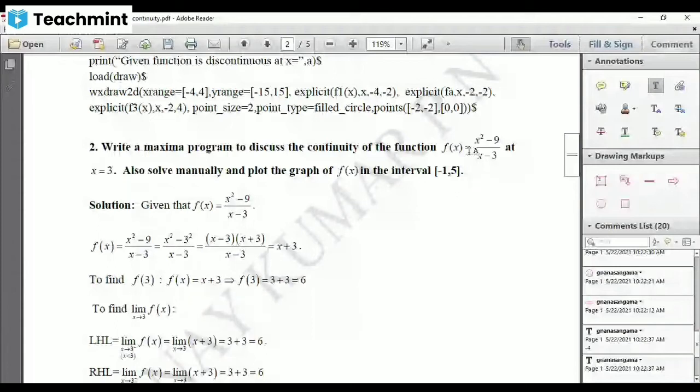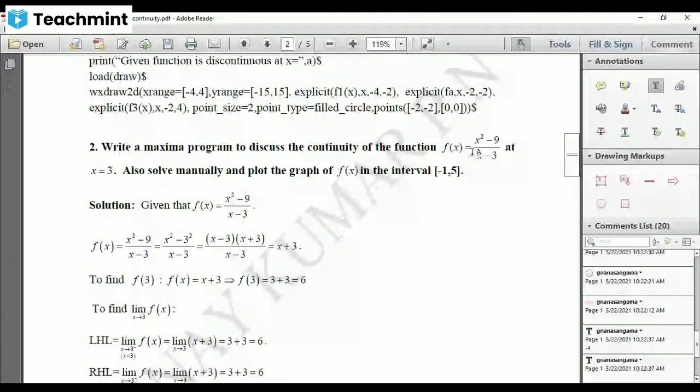Here there is only one expression for f of x, and they are finding at x equal to 3. That means for the left-hand limit it is the same function, for the right-hand limit the same function, for finding f of a also the same function. X greater than 3, x equal to 3, x less than 3, all the same function.